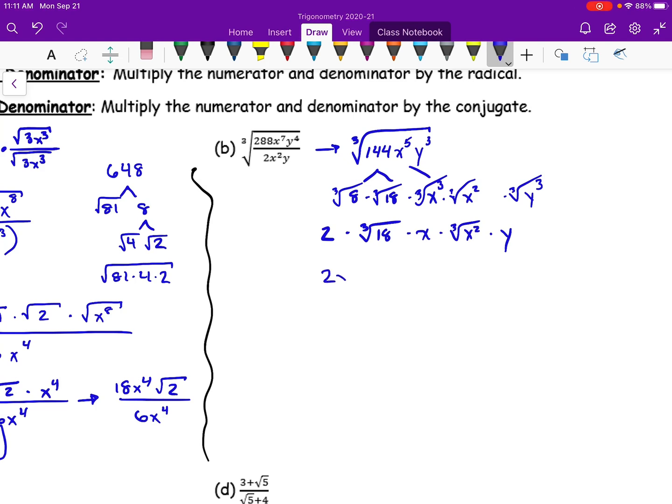So 2xy on the outside. On the inside, I got 18 times x squared. And that's it. Looks good.